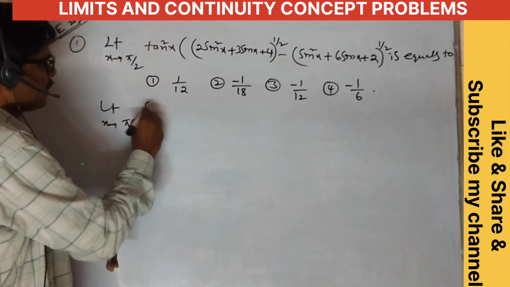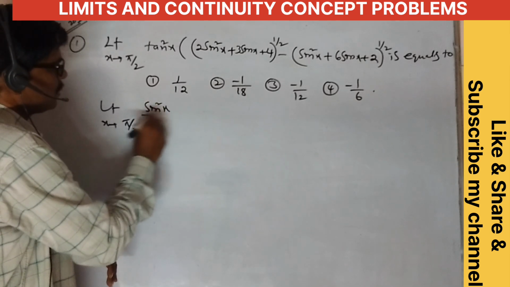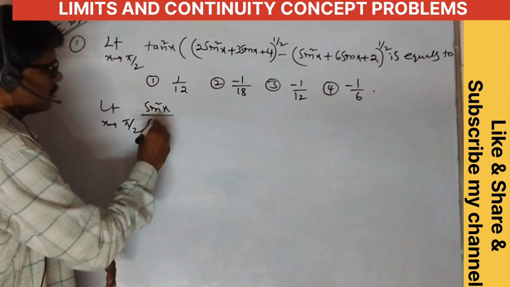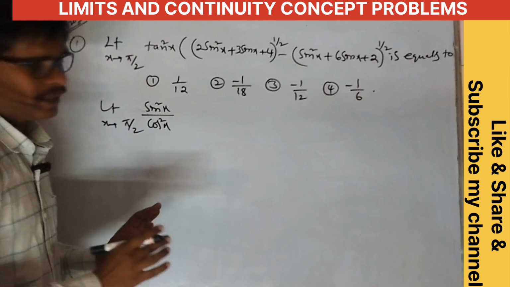Tan square x, sin square x by cos square x, this is converted into sin square x by cos square x.